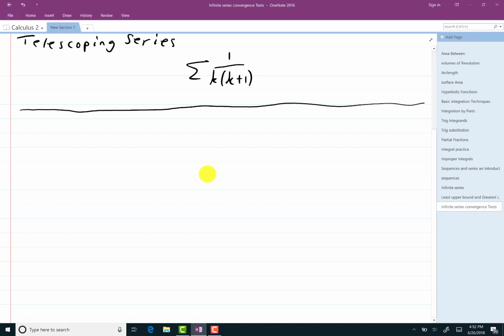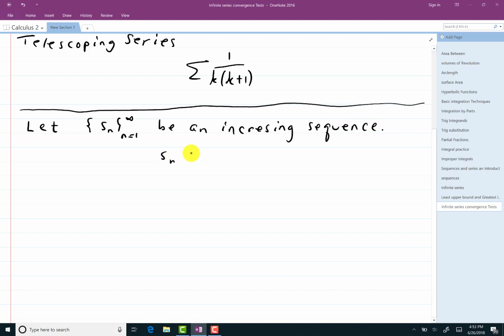Let me sort of write what the gist of that said. Let Sn, n equals 1 to infinity, be an increasing sequence. So what that means is that we know that Sn is strictly less than Sn plus 1 for every n.